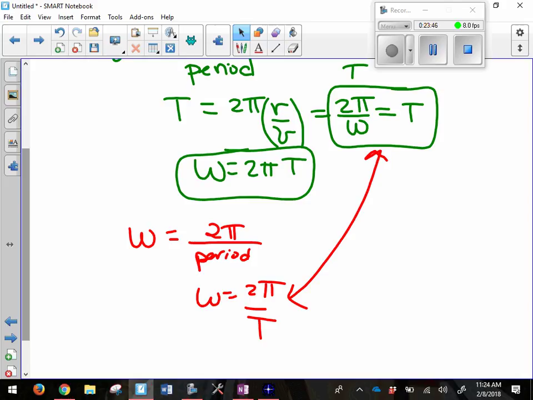Because angular speed would be the angular distance I traveled divided by that amount of time. Yep, 2 pi radians, but I don't need radians, they just go away, remember. They're just an indicator rather than a unit.